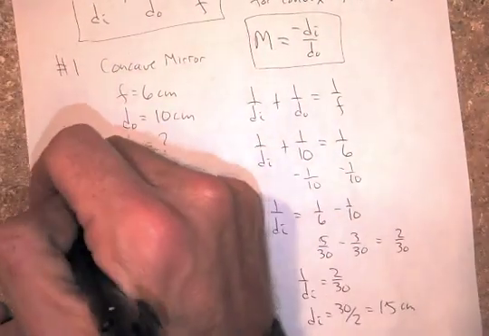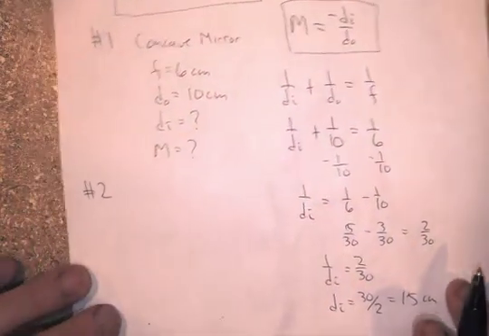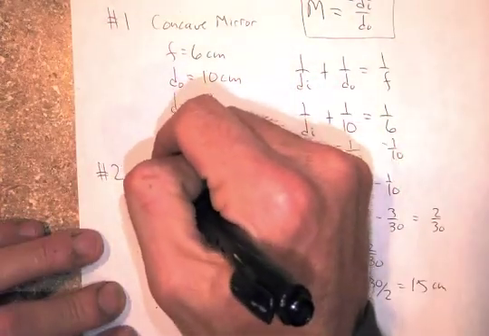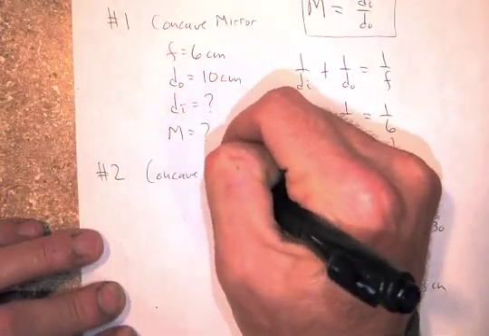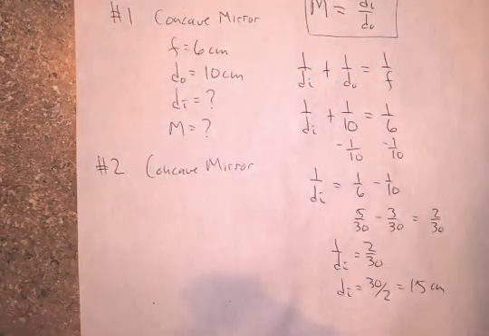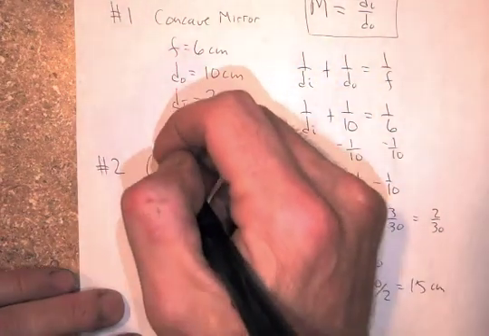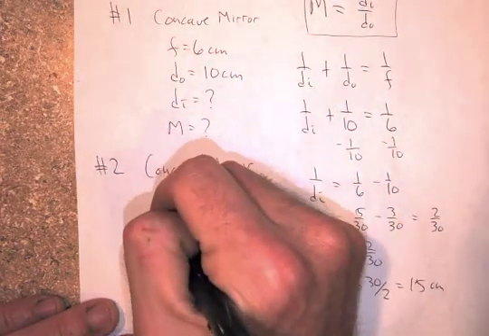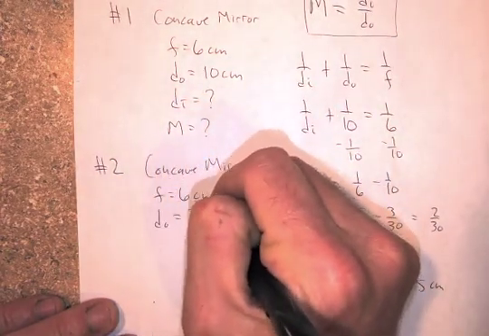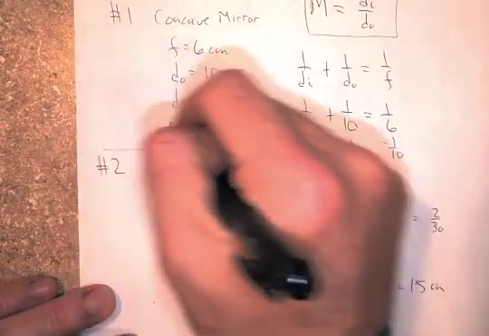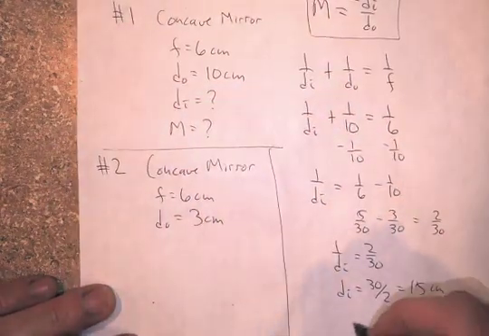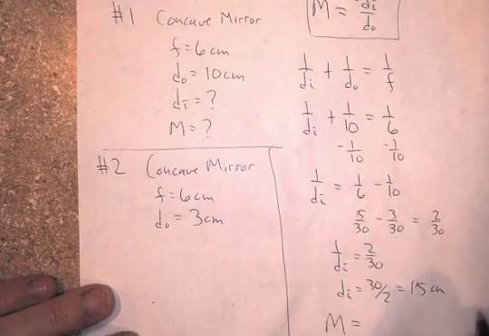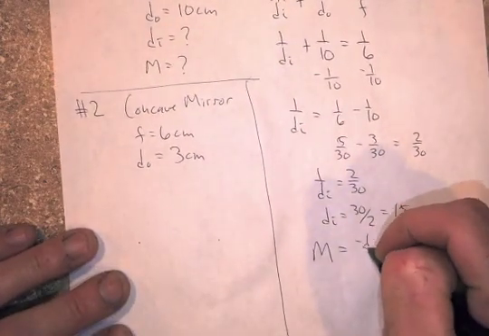Okay, number 2. See if I can squish it in here. Concave mirror. That one had f was still 6, but we said do was 10. Actually, going back here, guys, we should find the magnification. Negative di over do.